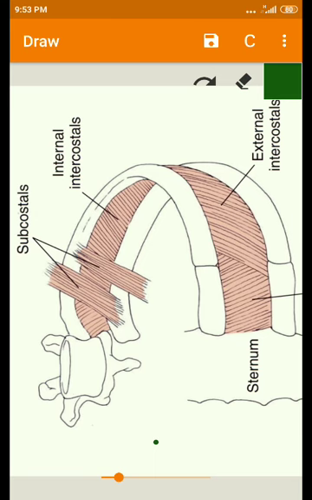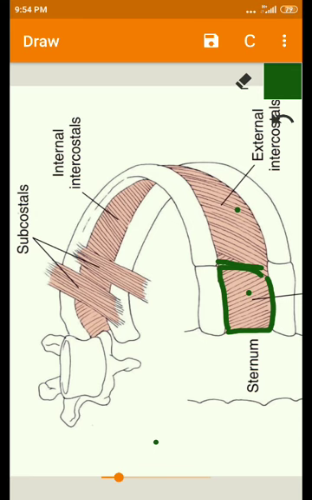But at that time they concluded that the external intercostalis have an inspiratory action and internal intercostalis have an expiratory function. Okay, that too the parasternal muscles have an effect on inspiration. So these parasternal muscles of internal intercostalis are also known as inspiratory agonists during quiet breathing.